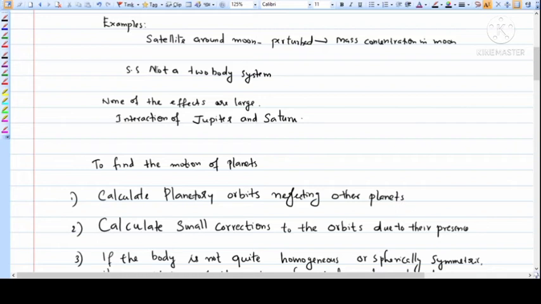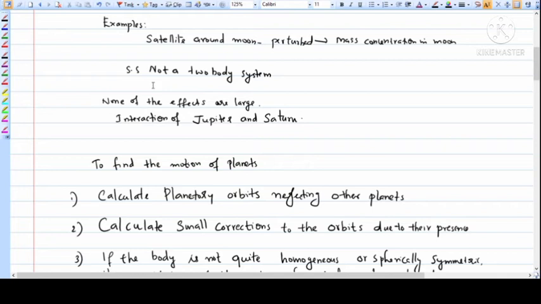So this is one point we have to remember. Satellites, planets, and the bodies in the solar system are not homogeneous spheres. This is one example for that. And this solar system is not a two-body system. We cannot consider the solar system as a two-body system.